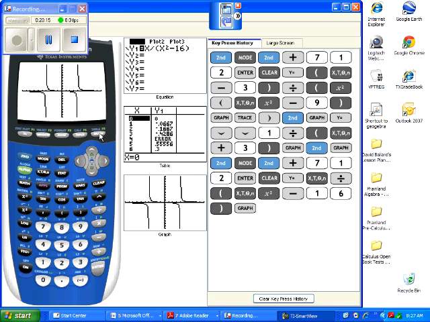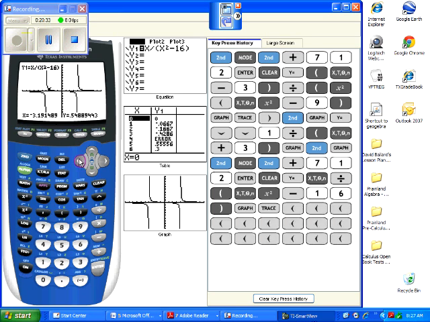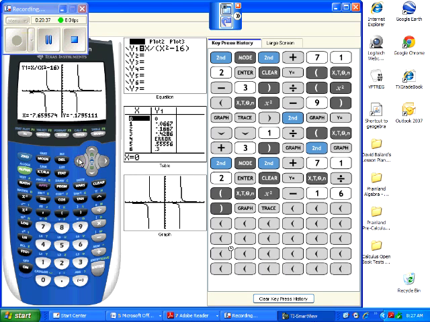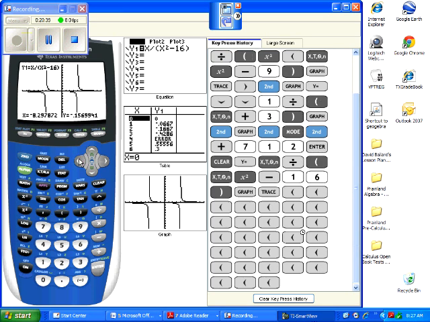Now, it kind of repeated itself. What was our target point? -4. So let's hit trace, and let's get our little arrow going. I'm going to get way over here. Okay, so we're over here at -8. See that? Let's approach -4 from the left.